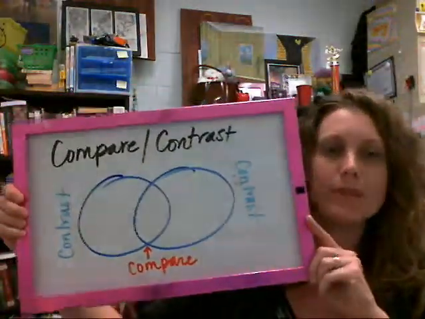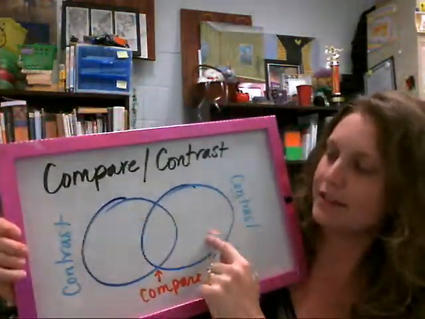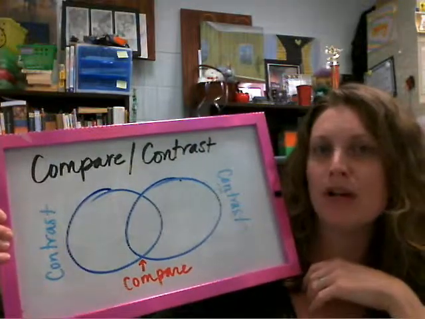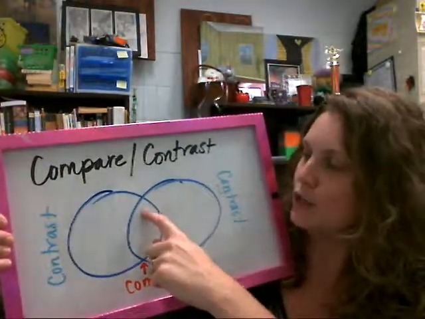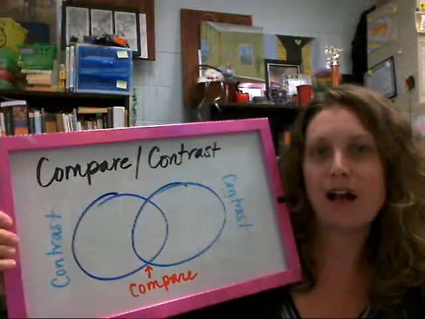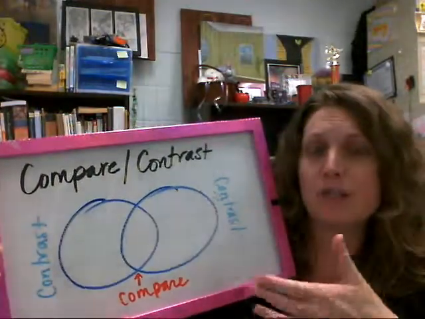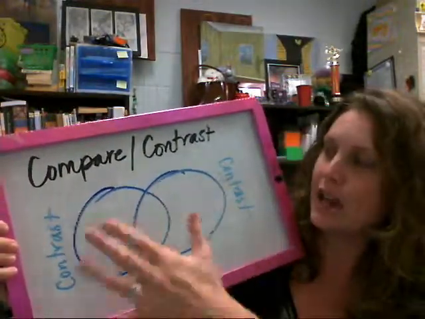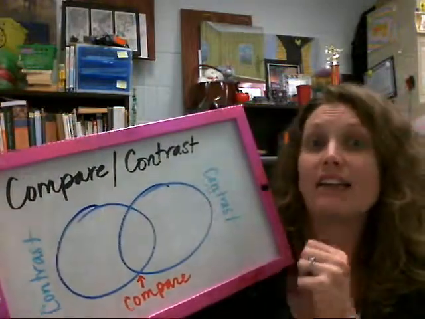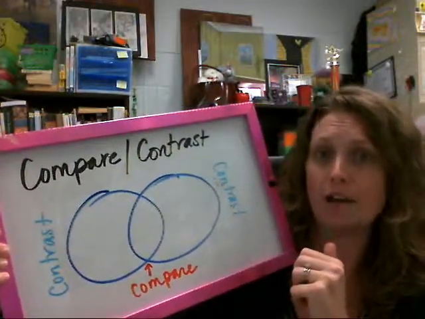If you make a Venn diagram and read the piece, you can put items for contrast, showing the differences between the 2 gentlemen, and then you can compare, finding similarities between the 2 gentlemen. So again, you're going to use this Venn diagram to compare and contrast.